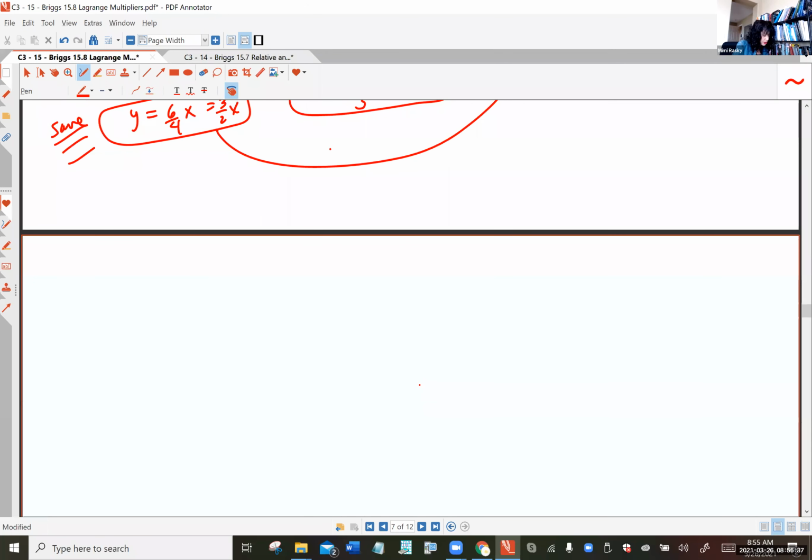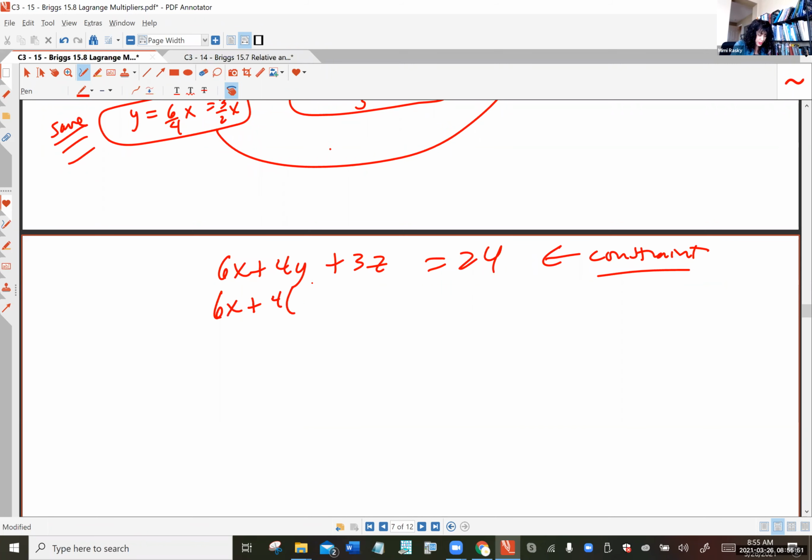So what was the constraint? Well, 6x plus 4y plus 3z, and I'll rewrite it, just equals 24. There's your constraint. That box was constrained by this plane equation. So if I make these substitutions where I found that y is equal to 3/2 x, I'll substitute that in here, and z was equal to 2x, so I'll substitute that in there.